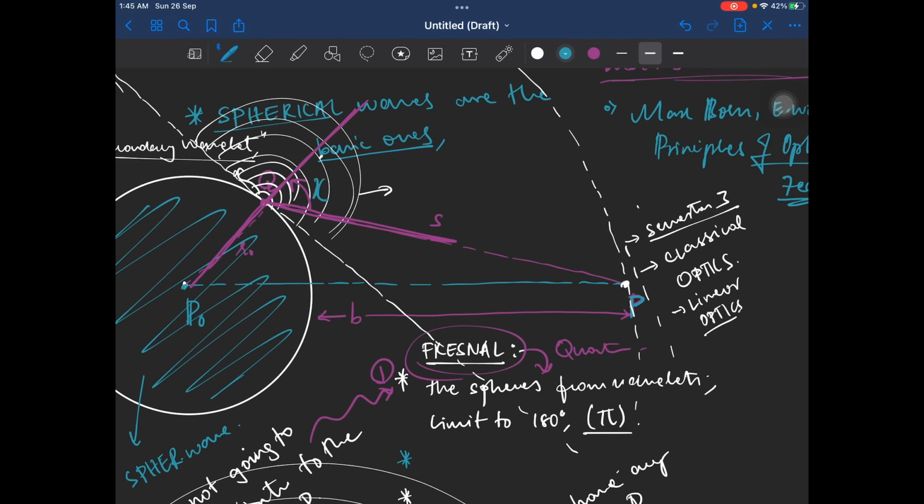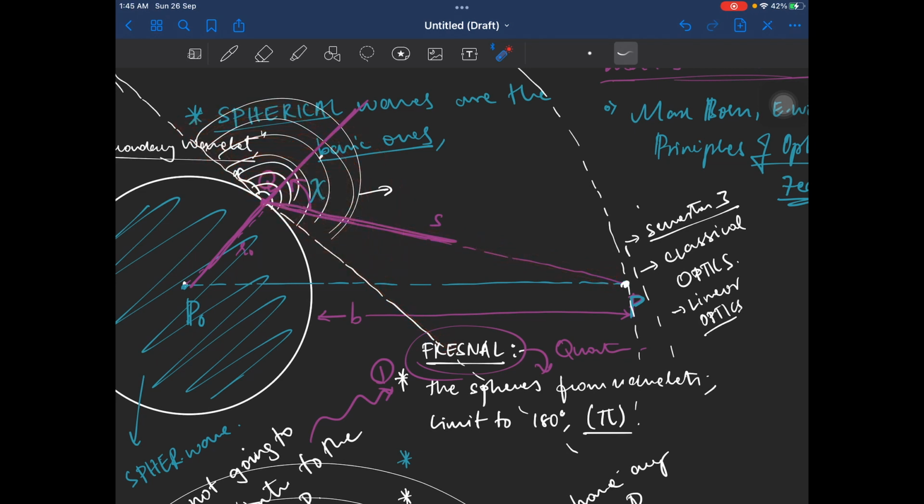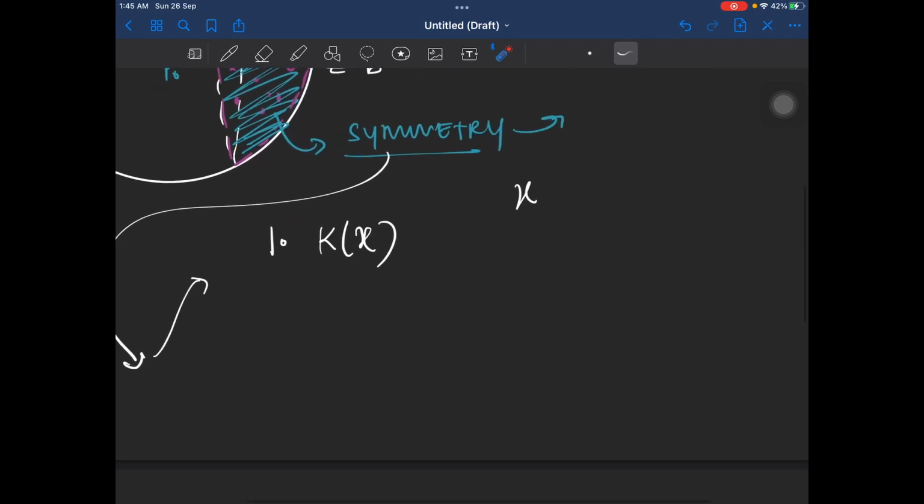This point connecting here and a normal over here. This is chi. The wavelets are here like this, and the chi is like this. This angle is chi. Fresnel says that the field depends on inclination.